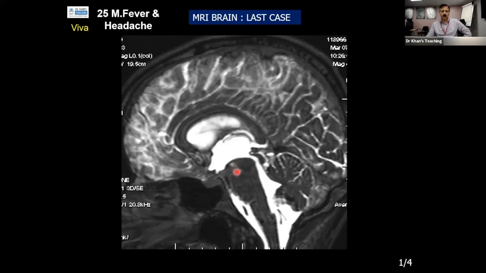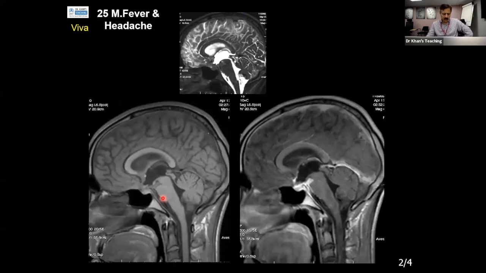And if you look carefully at the third ventricle, you will appreciate that the infundibular recess of the third ventricle and the chiasmatic recess are quite prominent. So this patient has hydrocephalus. If you see this T1 weighted sequence, there is no CSF.